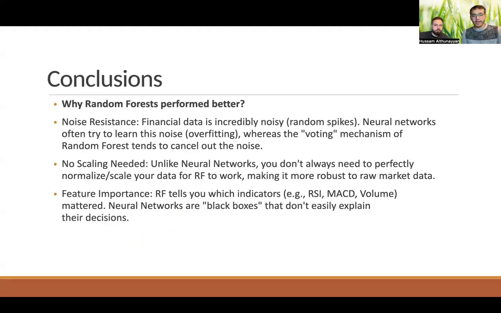The reason why random forests may perform better in these cases is that financial data is highly noisy, and neural networks, because of their complexity, usually try to learn the noise and overfit, but random forests don't do that, and also they don't need normalization, like for example neural networks.